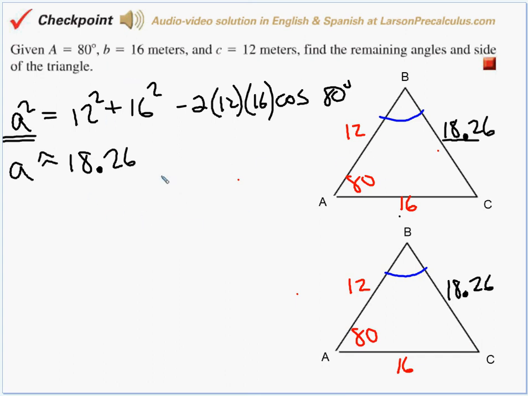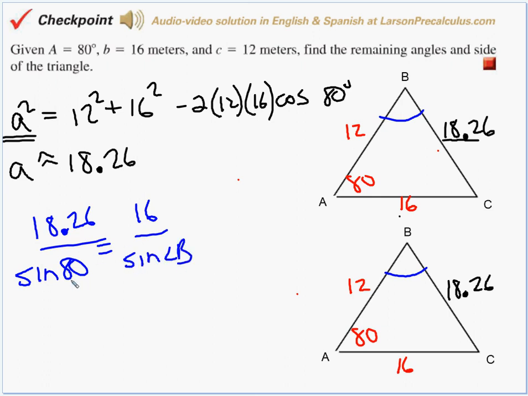So here I did 18.26 over the sine of 80 is equal to 16 over sine B. Cross multiply, sine inverse, angle B should be approximately 59.66. As soon as I find angle B here, I'm going to check for my second angle B. 180 minus this angle B is 124.4.